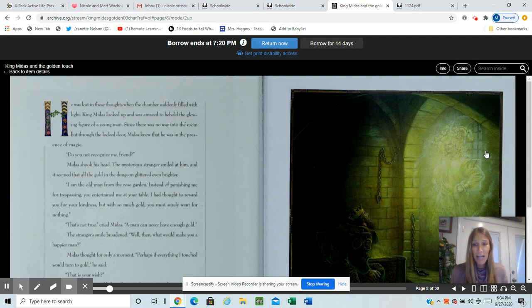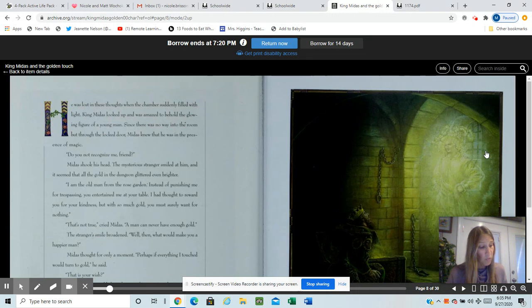Do you not recognize me, my friend? Midas shook his head. The mysterious stranger smiled at him, and it seemed that all the gold in the dungeon glittered even brighter. I am the old man from the rose garden. Instead of punishing me for trespassing, means entering a place where you're not supposed to be, you entertained me at your table.